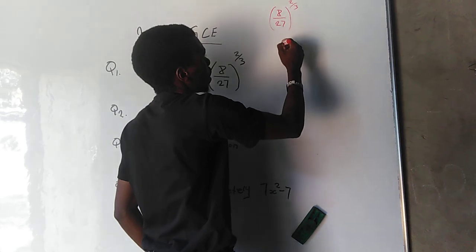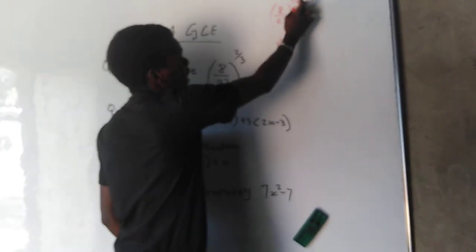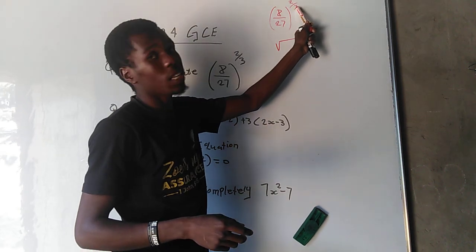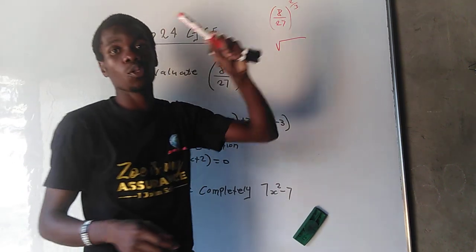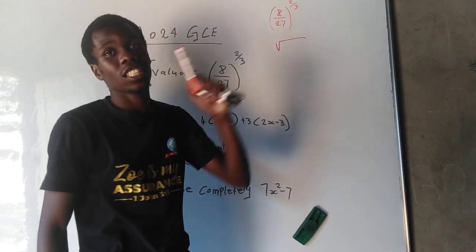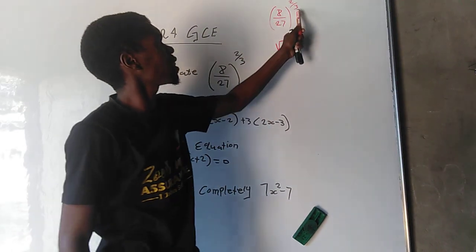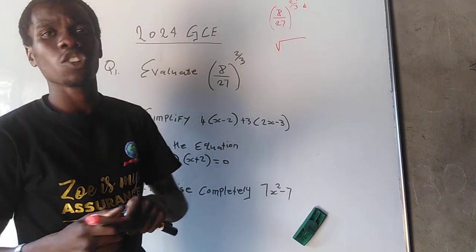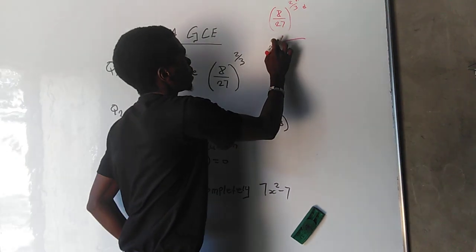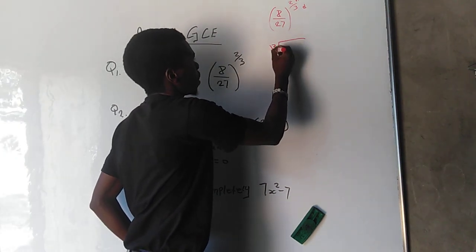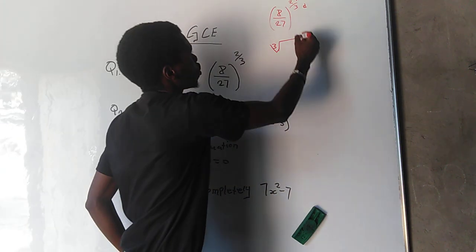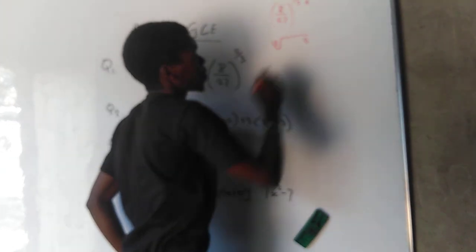I'm having this number, then it's going to be the 3. Always the one which is here, the denominator. This 2 is the numerator, the 3 is the denominator. So always the denominator, put it here, then bring the 2 here.